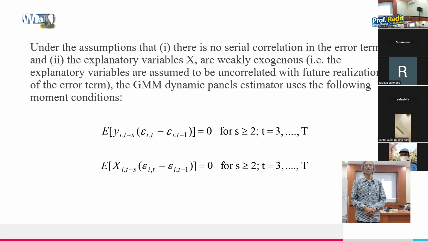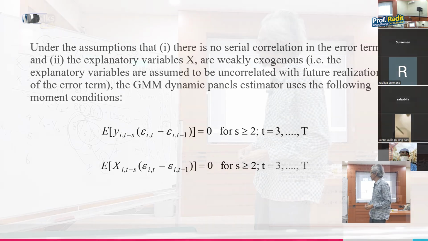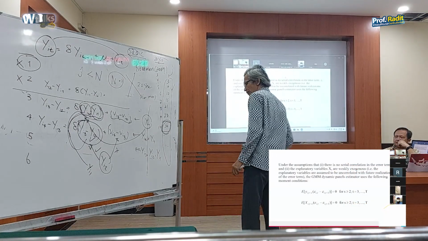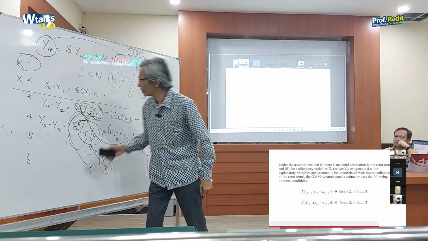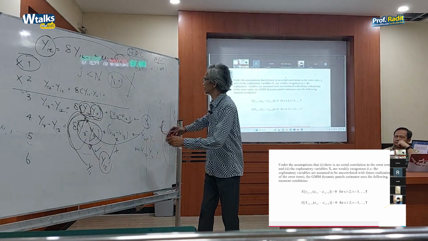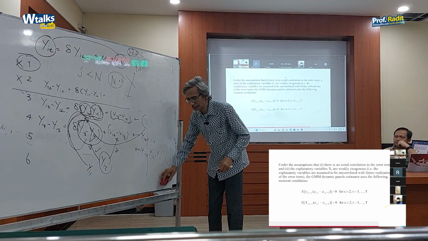And the problem is the standard error is downward biased. Now, if the standard error is downward biased, what does that mean? It means that when you run the test for hypothesis testing, right? For hypothesis testing. Now, how do you run the test?